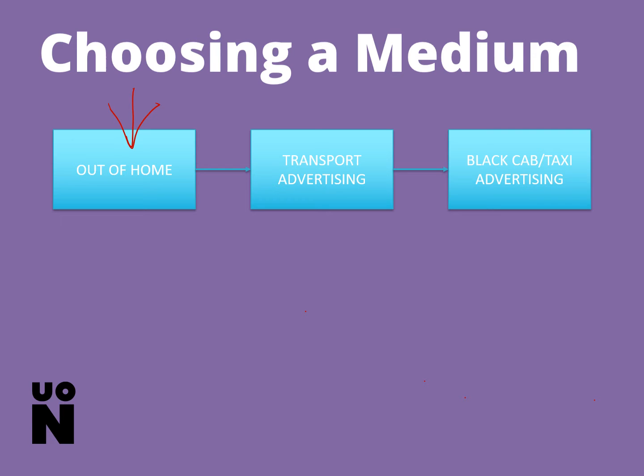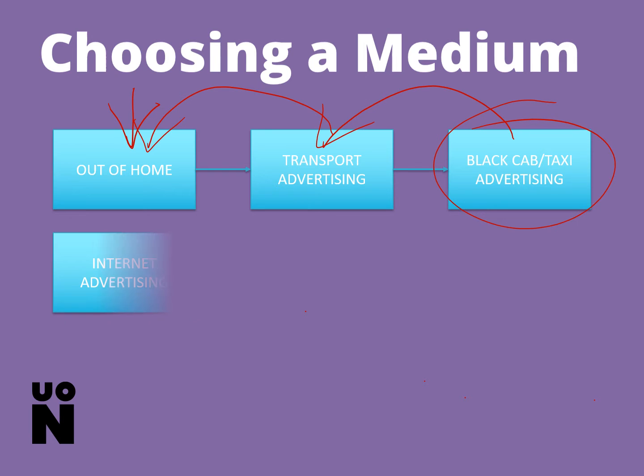It actually fits in a subcategory of transport advertising, which in turn fits in the overall category of out of home. So if I was doing a poster about this, I would probably talk about all of those three things. I mean, you do have some leeway in this, but if you were to do it only on taxi advertising, you might not find enough information to put on your poster.